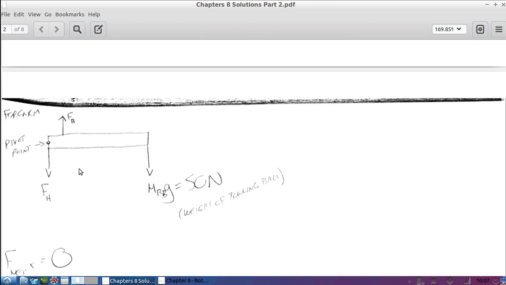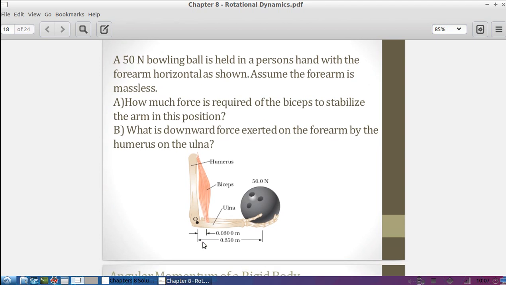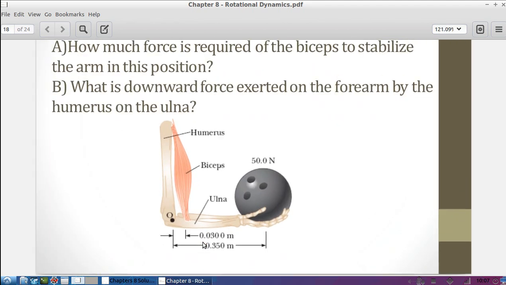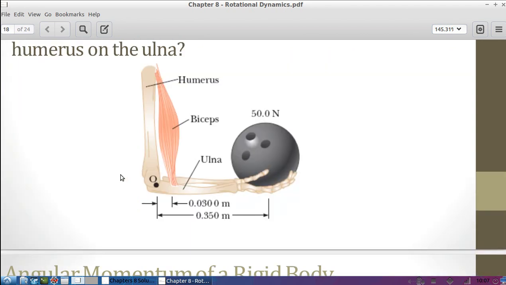Now in this case, there are a couple different options that we can use to determine where the pivot point is. Some diagrams just lend us a nice hint as to what a convenient pivot point is.